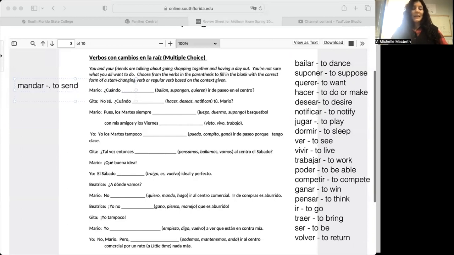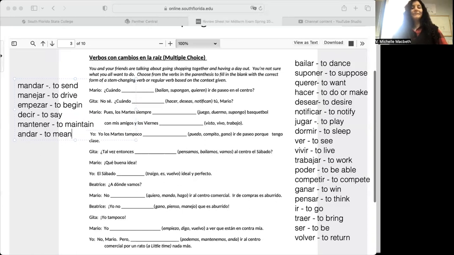Hacer, we already did. Ganar, we already did. Pienso, we already did. Manejar, which means to drive. Empezar, which means to begin. Decir, which means to say. We have already volver. We had already poder. Mantener, to maintain. And andar, which means to meander, to go to.